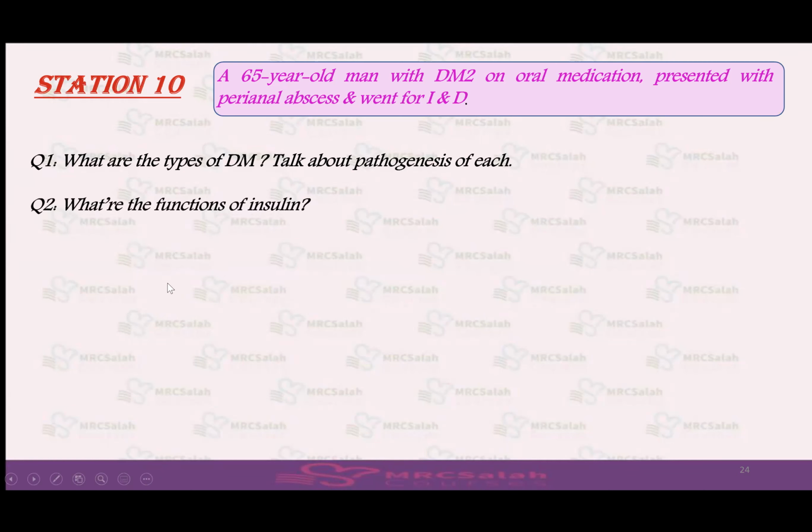What are the functions of insulin, Dr. Hadir? The principal metabolic function of insulin is to increase the rate of glucose transport by cells. It acts on carbohydrate by increasing the uptake of glucose in tissues, stimulates glycogenesis in many tissues, especially the liver, and stimulates hepatic generation of glucose 6-phosphate.